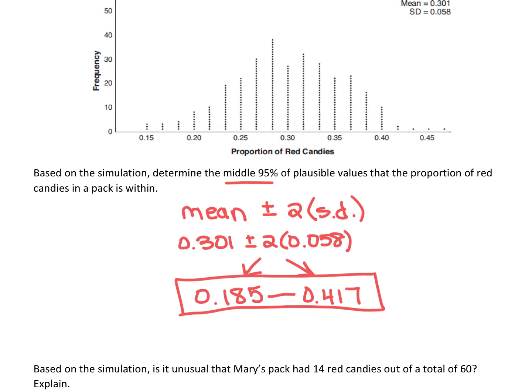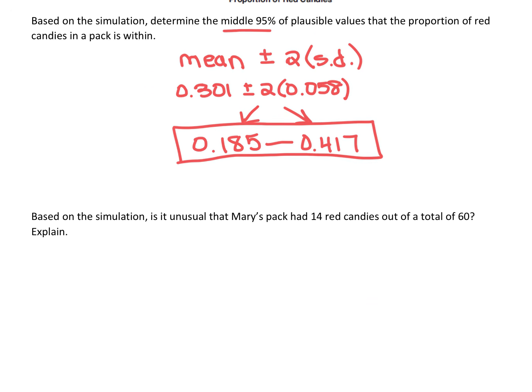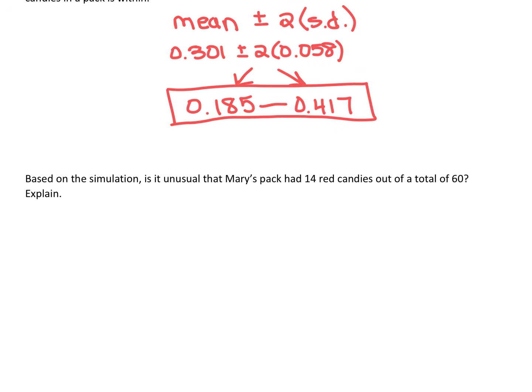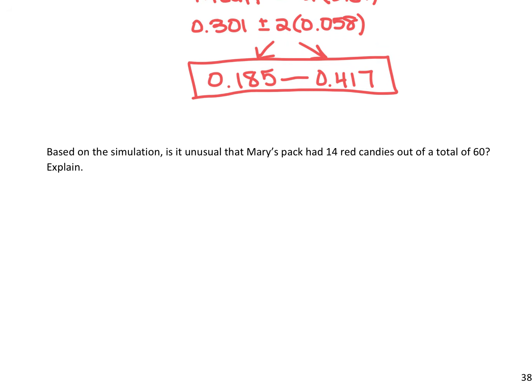Okay, the next part says, based on the simulation, is it unusual that Mary's pack had 14 red candies out of the total 60? And they want us to explain. Okay, so let's first figure out what 14 out of 60 is. If you plug that in your calculator, that's equal to, I'm going to say approximately 0.2333, right?